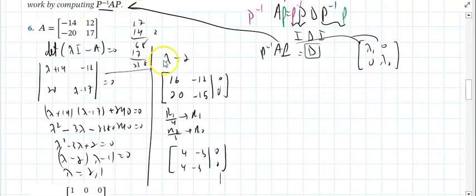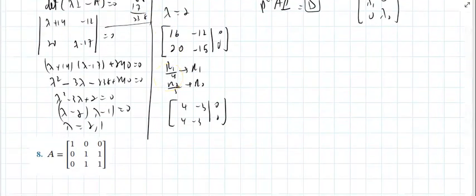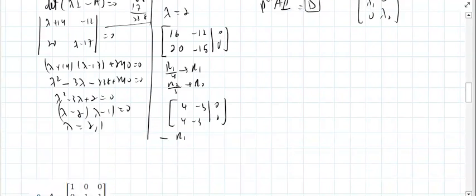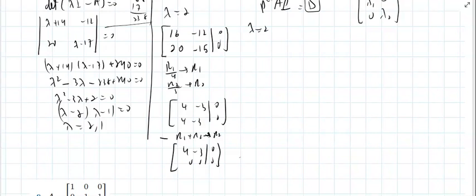And obviously, if I take negative row 1 plus row 2 in row 2, I'll get, so my conclusion, for lambda equal 2, x2 to be free, and x1 to be 3/4 x2.